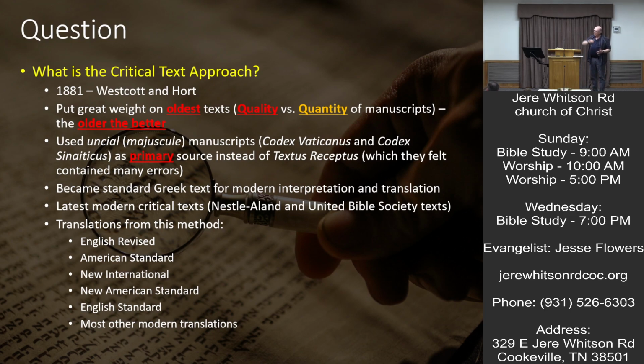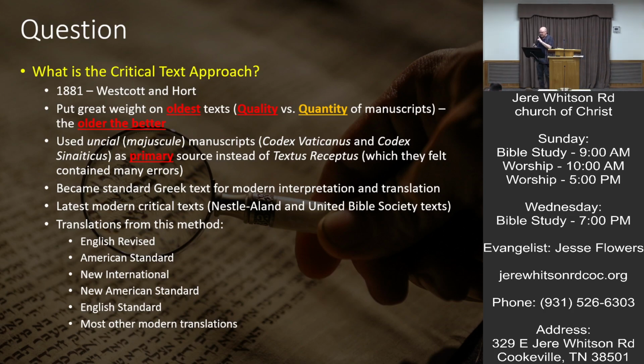In 1,000 years of copying this document, that's a lot of copies out there. So chances of error are maybe a little more than something that was copied 50 years later, or even at the same time that the author was alive.